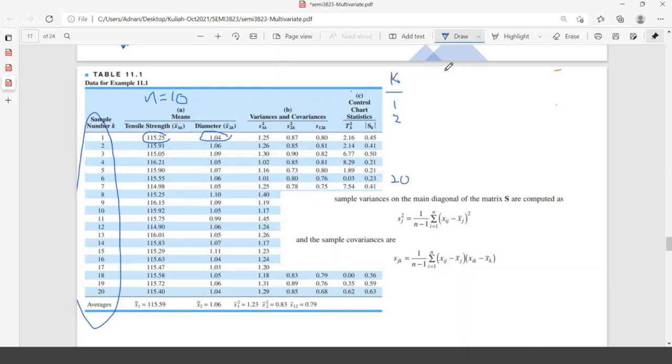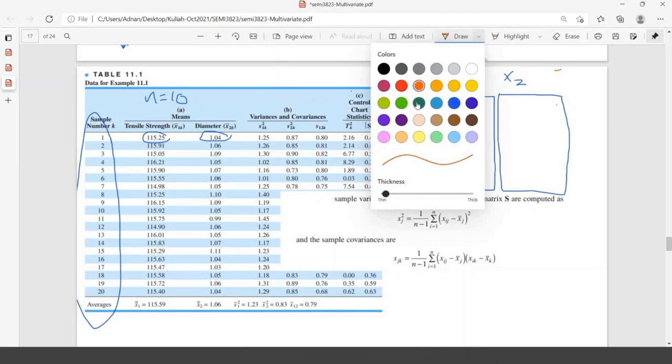So x1 is the tensile, x2 is the diameter. Here he has 10 values. I just represent it with a symbol here.